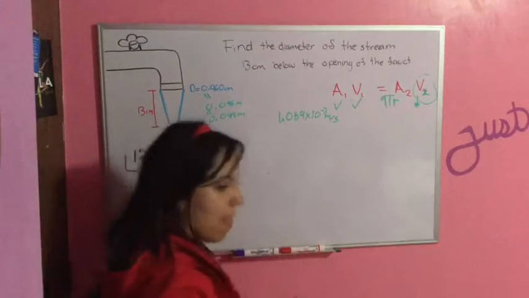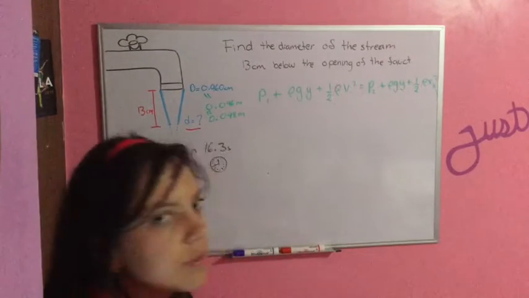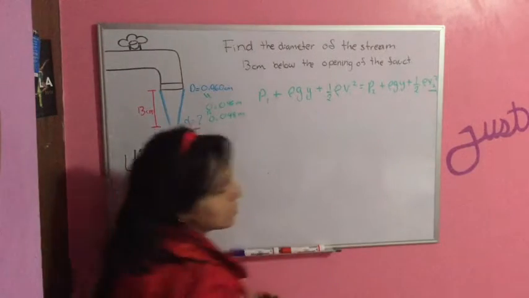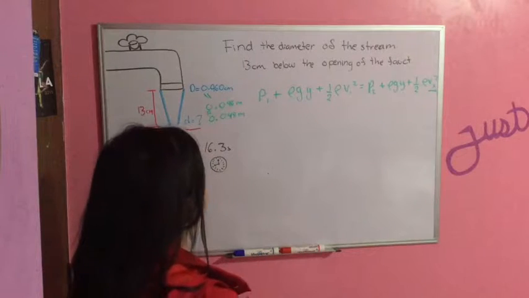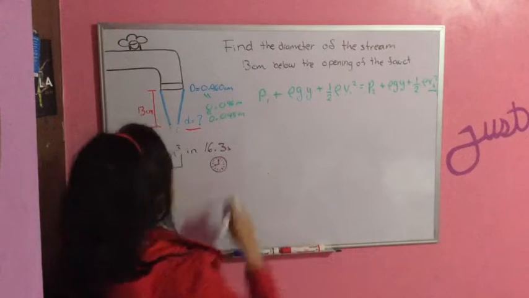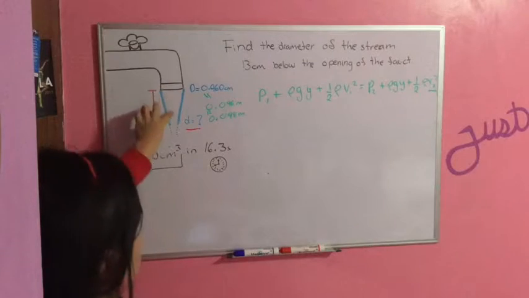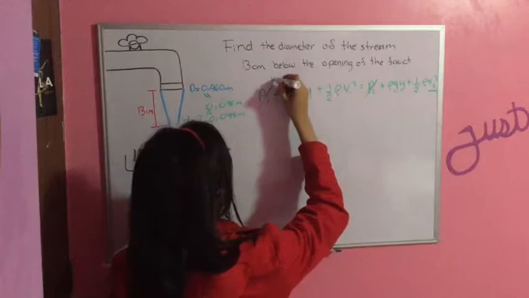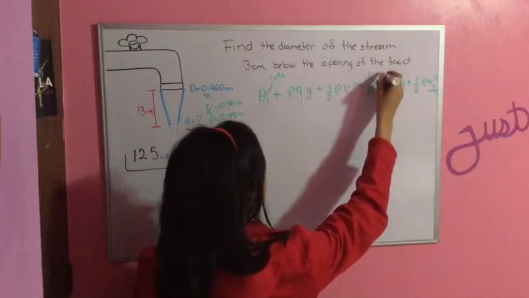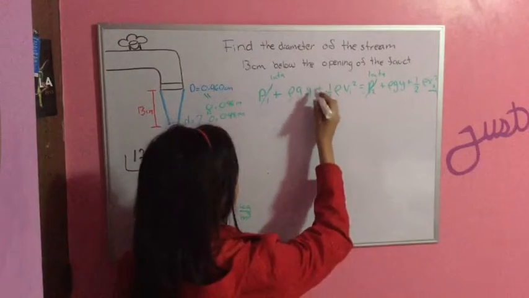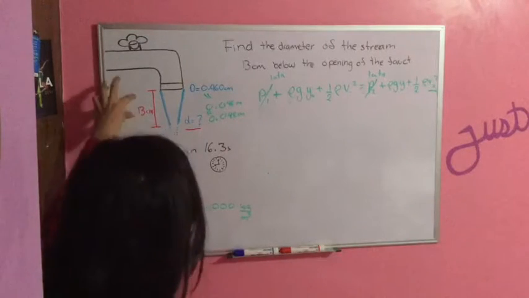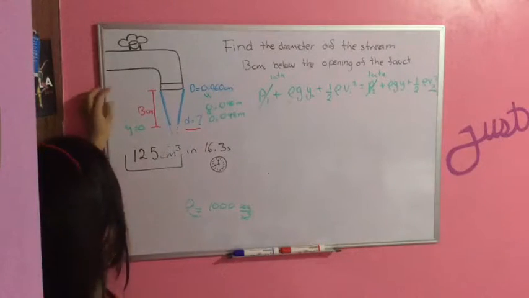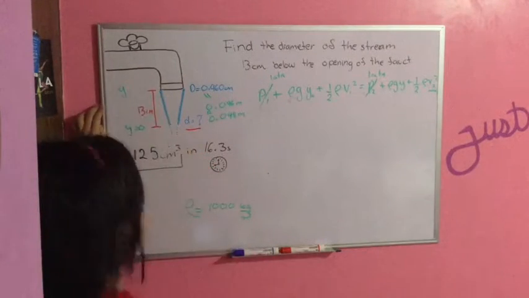From Bernoulli's equation we know all these values except for the second velocity. In this case, since the water is touching air all the time, we can assume that these ones are equal to 1 atmosphere. We know our first y, we'll place it here from the bottom, and this is our final y.